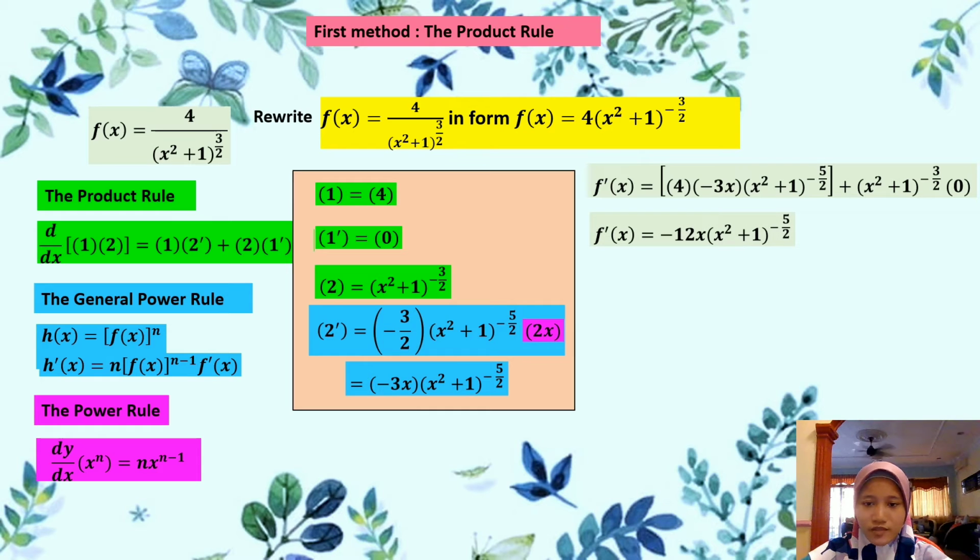Then simplify the expression, we will get negative 12x times x squared plus 1 power negative 5 over 2. Then simplify again, we will get negative 12x over x squared plus 1 power 5 over 2.